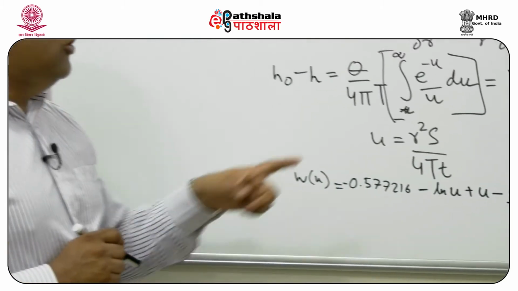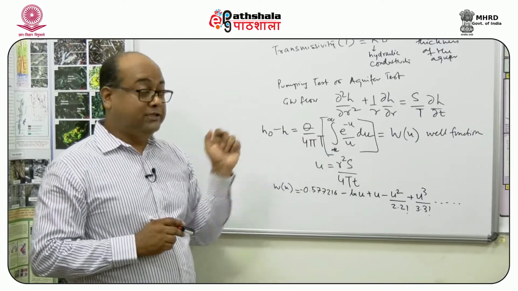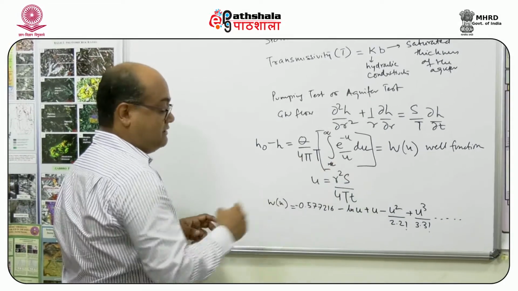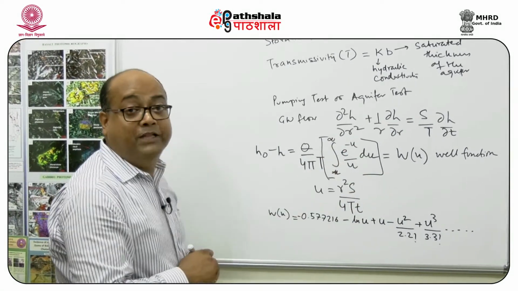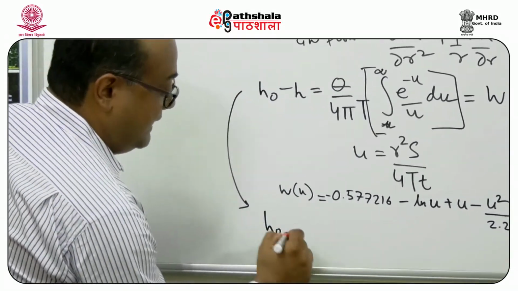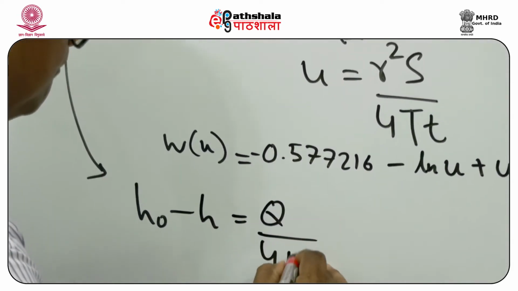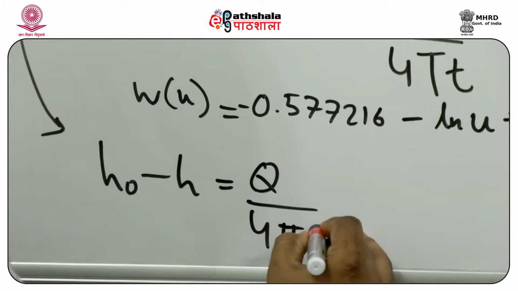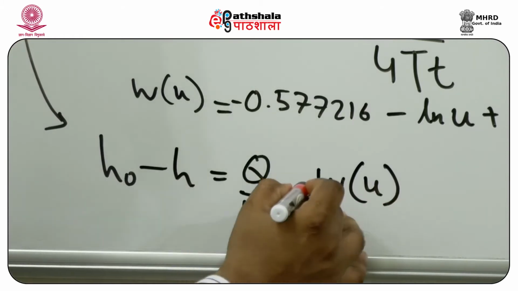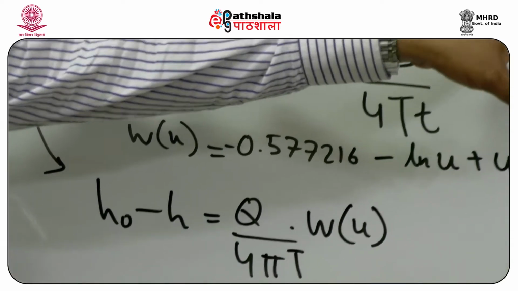Now we can rewrite the Theis solution, the Theis formula. If we remove the integral and just write it as the well function, I can rewrite this equation like this: H0 minus H is equal to Q by 4 pi T, and instead of the integral part, I wrote W(u).